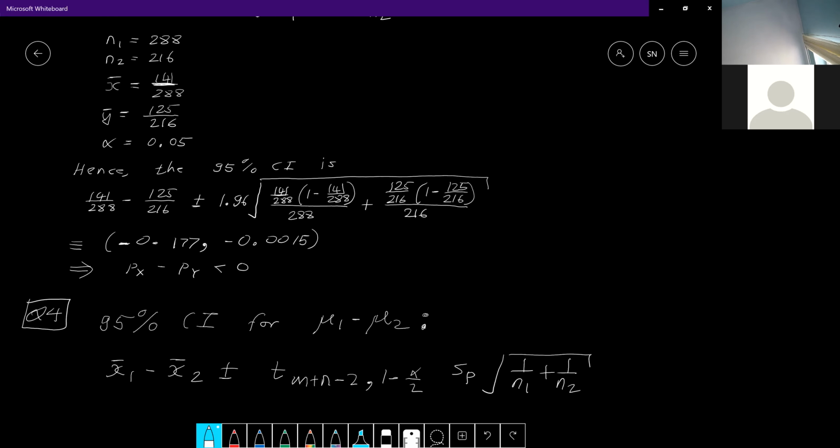If you look back in my notes, which I gave before the Easter break, you will see this formula. Sorry, by the way, this should not be m plus n, it should be n1 plus n2.